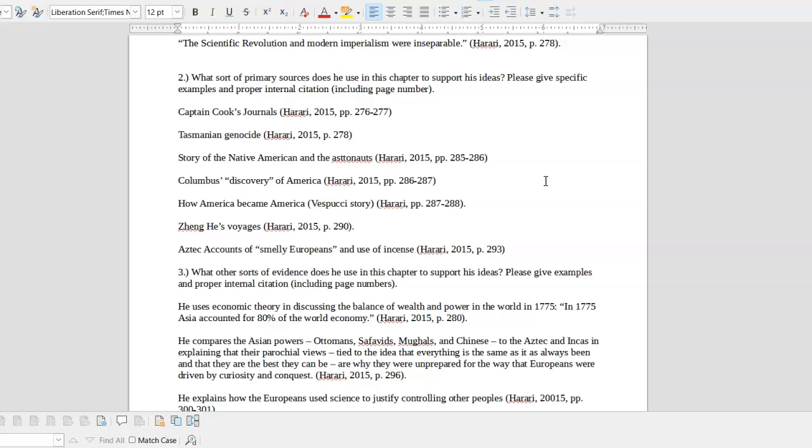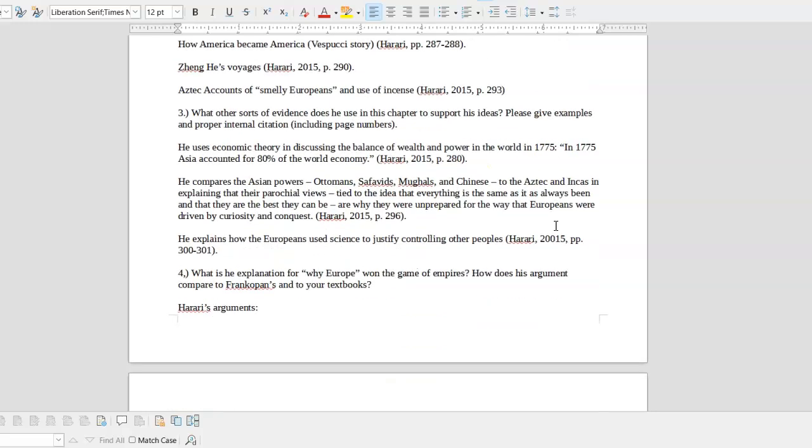That's on page 293. So those were all historical examples he was using, most of them drawn from primary source material, people accounting for it at the time.